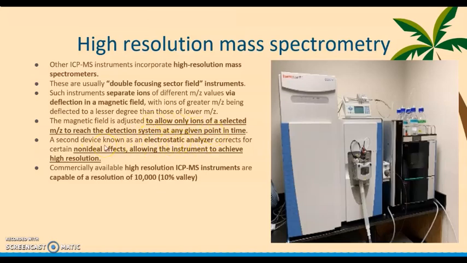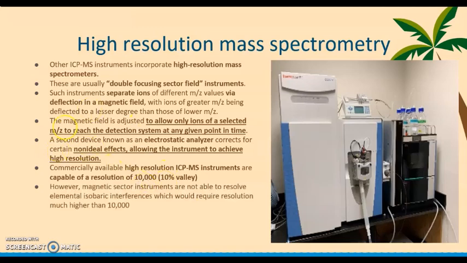Kumbaga, kinokorek niya. So, yung mga certain interferences such as the non-ideal effects, kinokorek niya in order to achieve a higher resolution. So, yun ang kagandahan sa kanya. Meron siyang pangalawang device which is the electrostatic analyzer that corrects non-ideal effects para mas mataas yung makukuha niyang resolution.